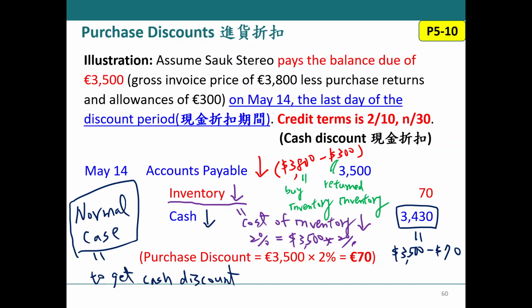Remember, after you finish each transaction, how do you double check your answers the easy way? Total debit has to equal total credit, okay? Any questions?